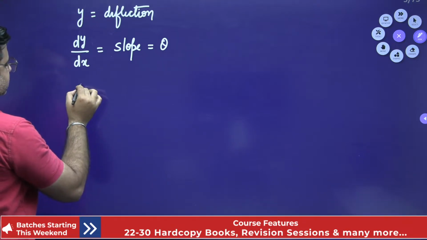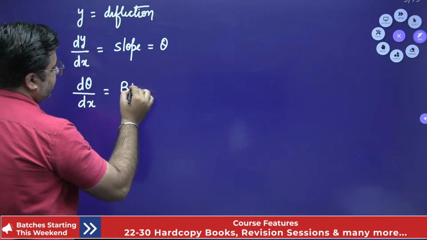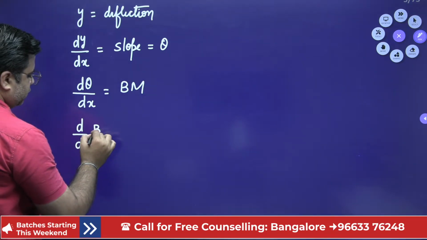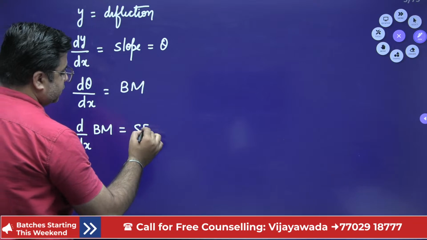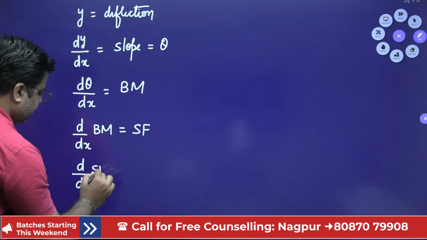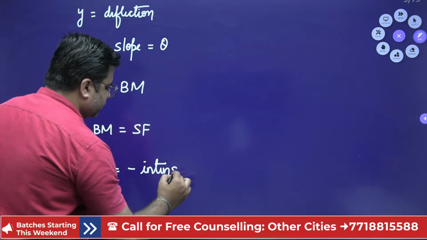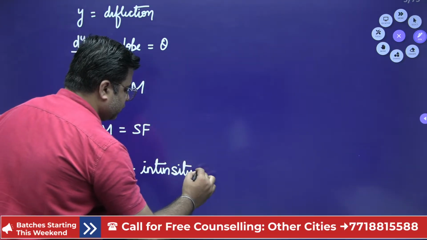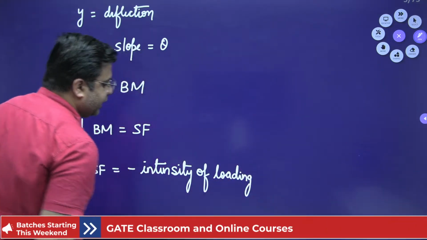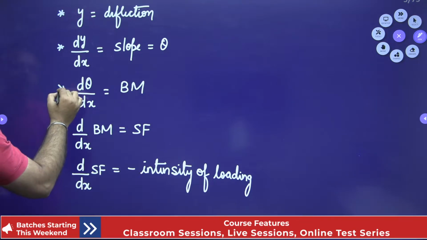D theta by dx is equal to the bending moment, and d by dx of bending moment is equal to the shear force. D by dx of shear force is equal to negative times intensity of loading. So this is the relation between all the parameters.